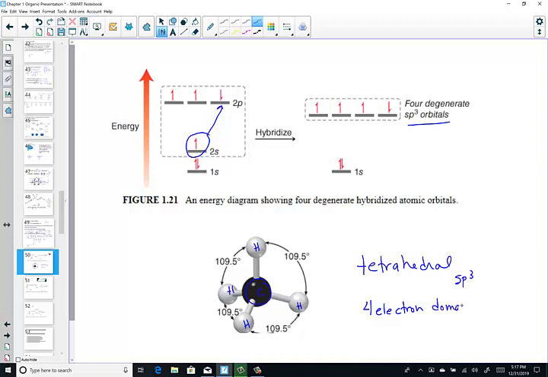An electron domain is either a bond, just one word, bond, or lone pairs. So here I can see 1, 2, 3, 4. My exponents have to add to 4. So s1p3 gives us 4 electron domains. We call that an sp3 hybridized orbital, and bond angles are 109.5.